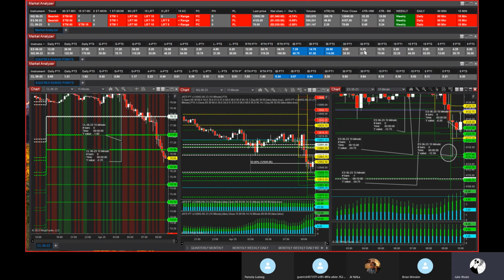This 925 is a 30-minute PT2 and a 15-minute PT3. So that looks like it is going to be the range to go to, 925. And that would be back down to the bottom from the top. So 4132.75 to 4123.25 inside that range right there.